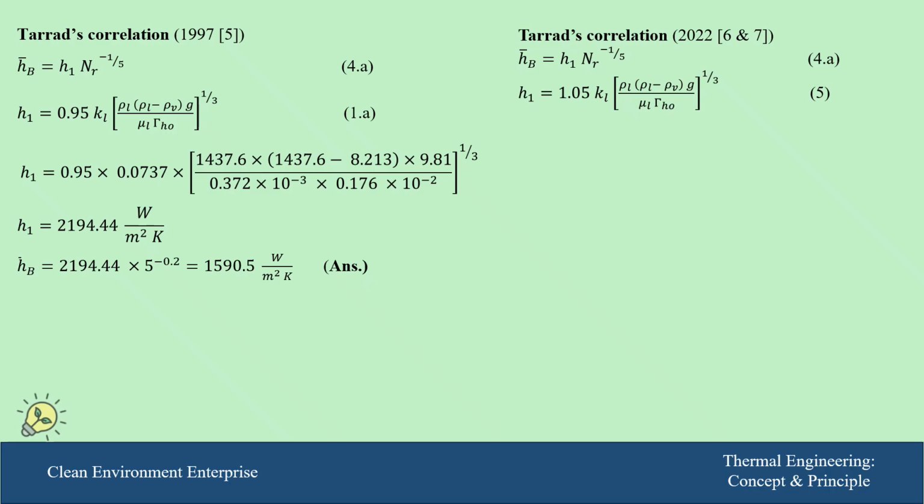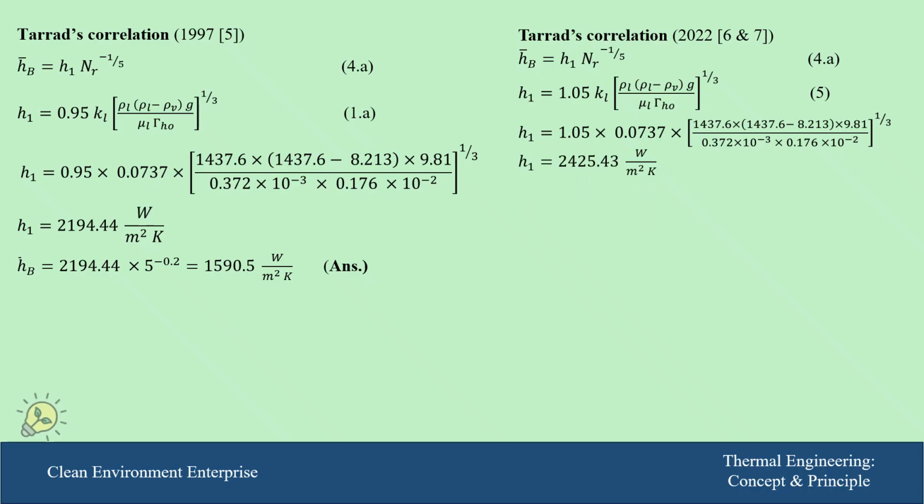Then the heat transfer coefficient of the tube at the top row will be 2425.43 watt per meter square Kelvin, and applying the correlation by raising N_R to the power 1/5, then the heat transfer coefficient will be 1758 watt per meter square Kelvin.